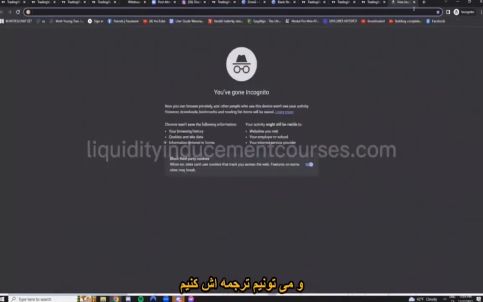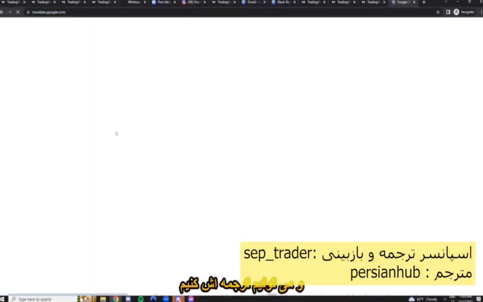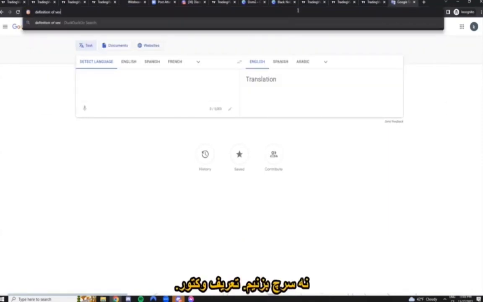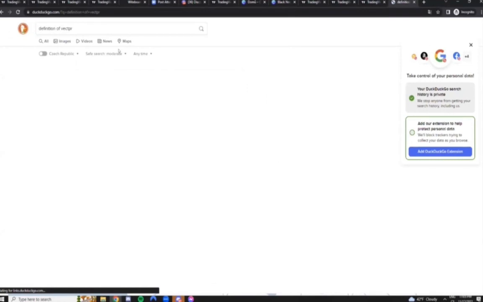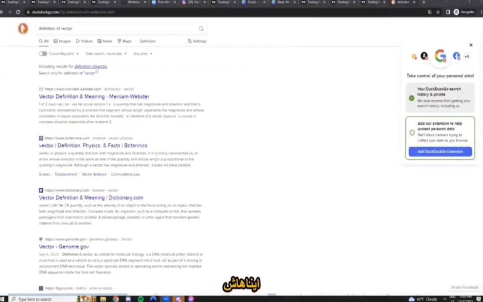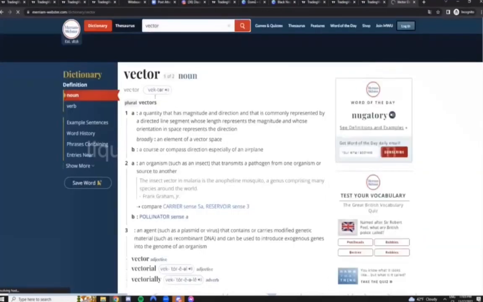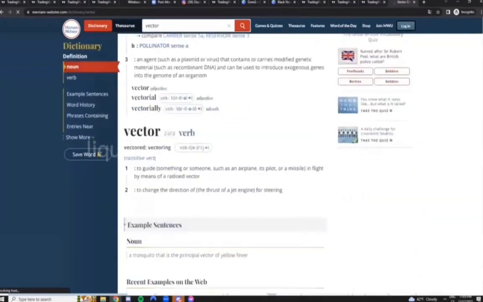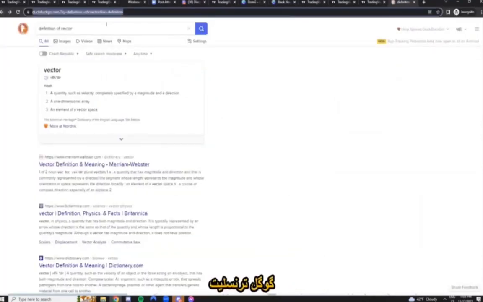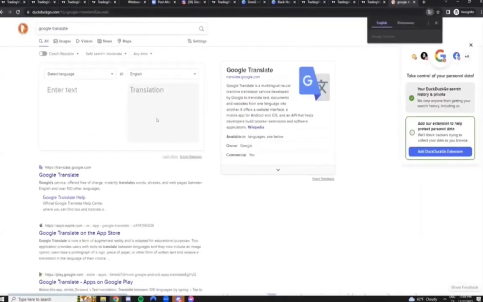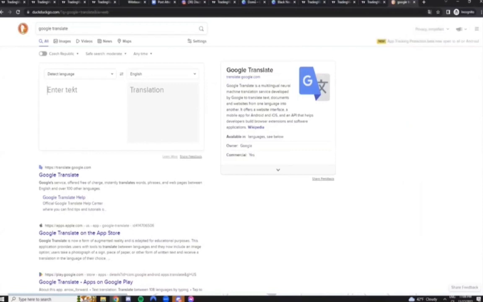And we can translate. No, you know what? Definition of vector. Oh no. Vector right here. No, this is bad. Google Translate. There is sniper FX candle too. Really? Wait, so I'm gonna.